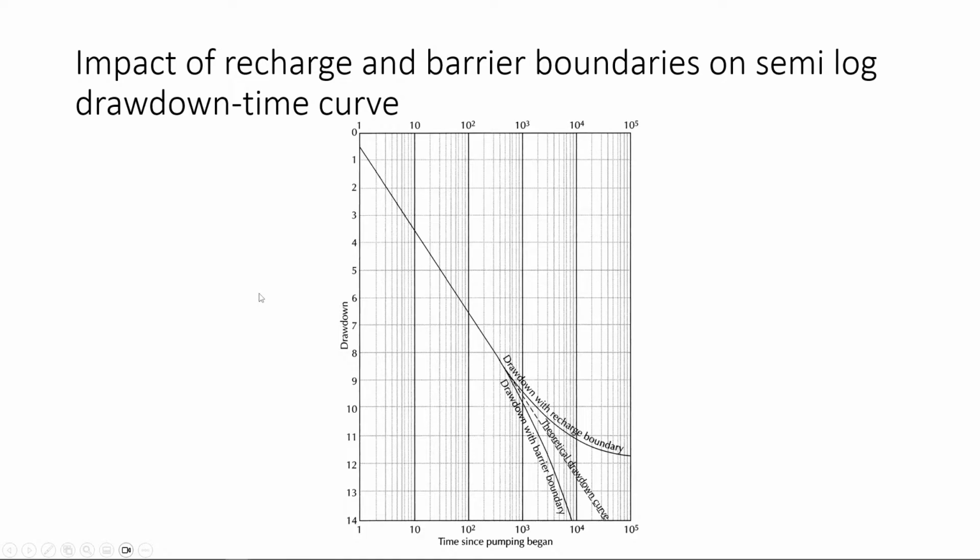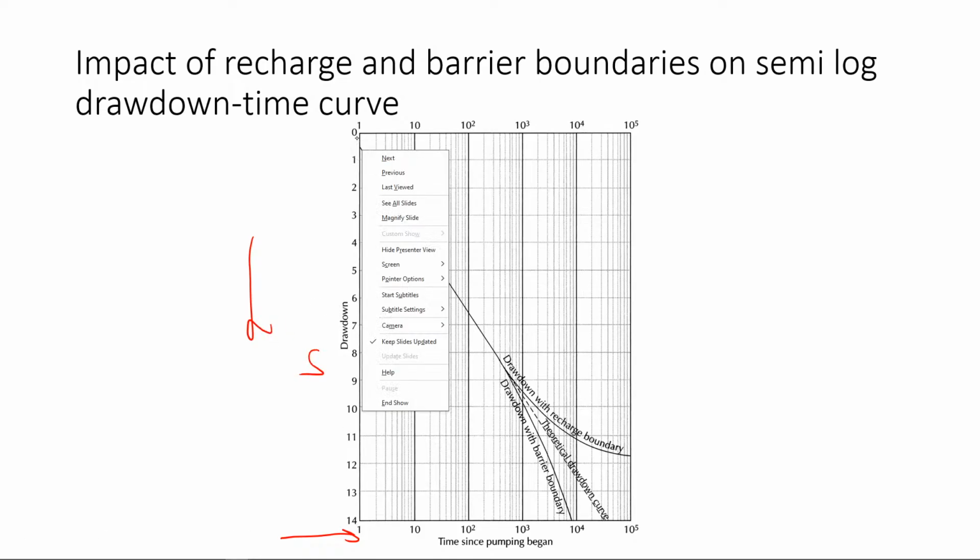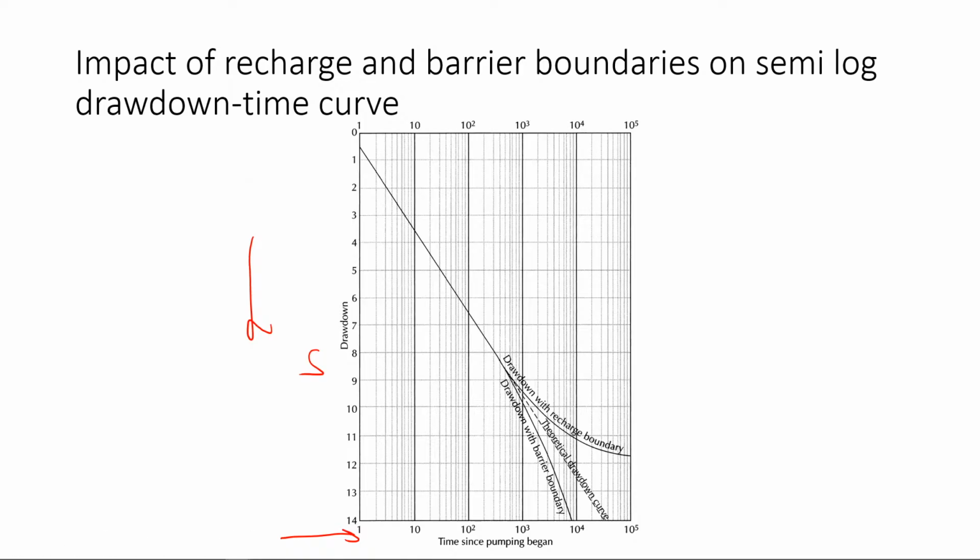Now, here is what I want to show you. If you are doing a pumping test, the theoretical curve would be something like this. This is the time, and this is the drawdown, your s. At the beginning, let's say the time begins at 1 minute, you have this drawdown.